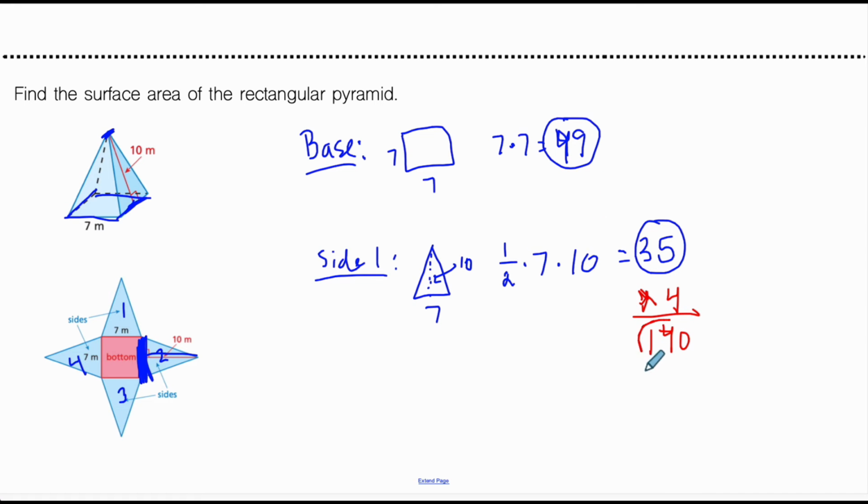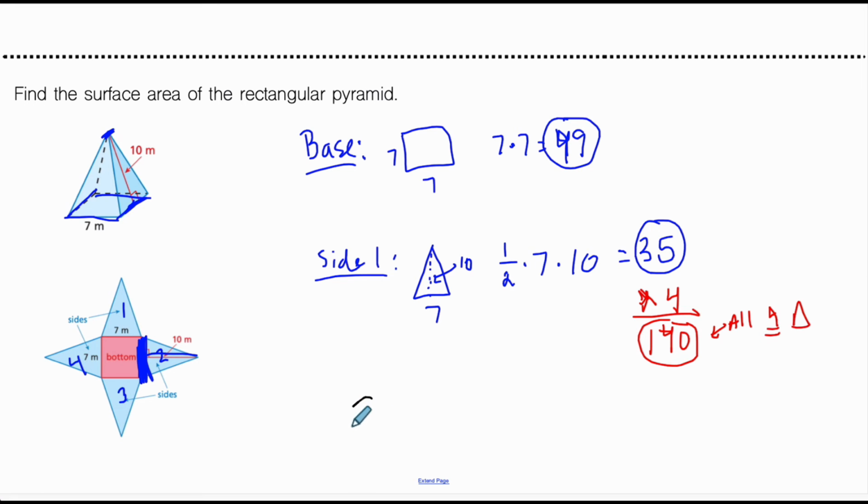So what does 140 represent? This is all 4 triangles. It's not just one of them, it's all 4 of them. And that's just instead of me doing the same work 4 times. Anyways, let's put it all together.